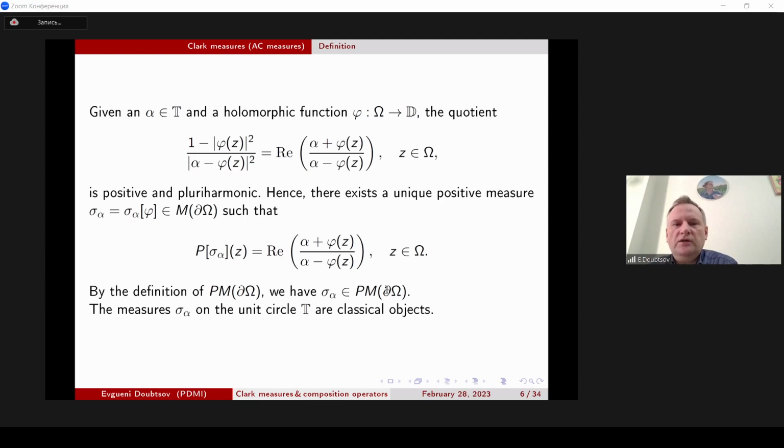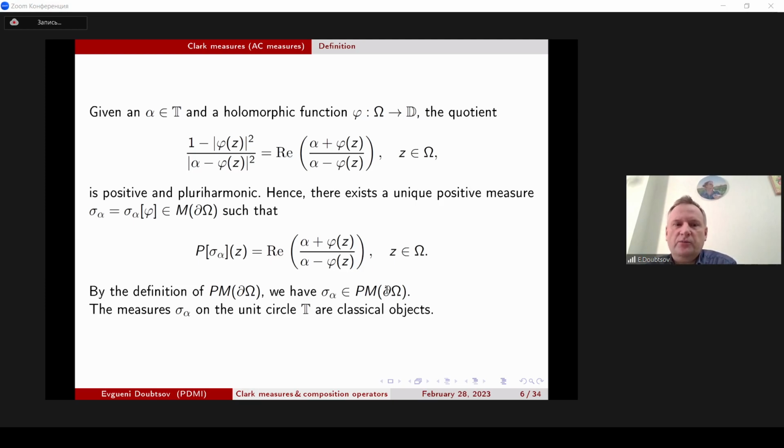Well, the main point is that the left-hand side is positive, definitely, and the right-hand side is definitely pluriharmonic, because just by the very definition, as I said before, the quotient is a holomorphic function, of course, because phi is less than 1, its modulus is less than 1. So everything is fine, and no singularities. And this is the real part of a holomorphic function. So this is a pluriharmonic function.